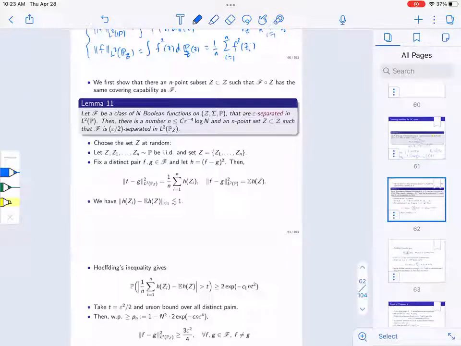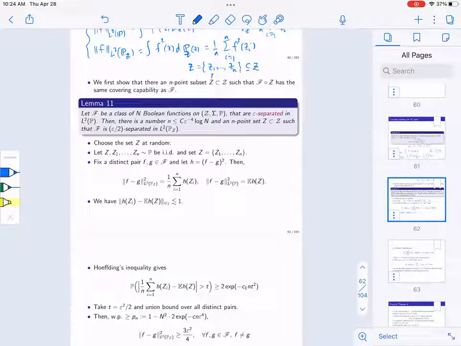We first show that if I restrict the class to an n-point set, so there exists an n-point set Z, I'm viewing Z both as a vector and as a set, such that F restricted to Z, the restriction of F to this set, has the same covering capability as F. So it doesn't change the covering number that much.